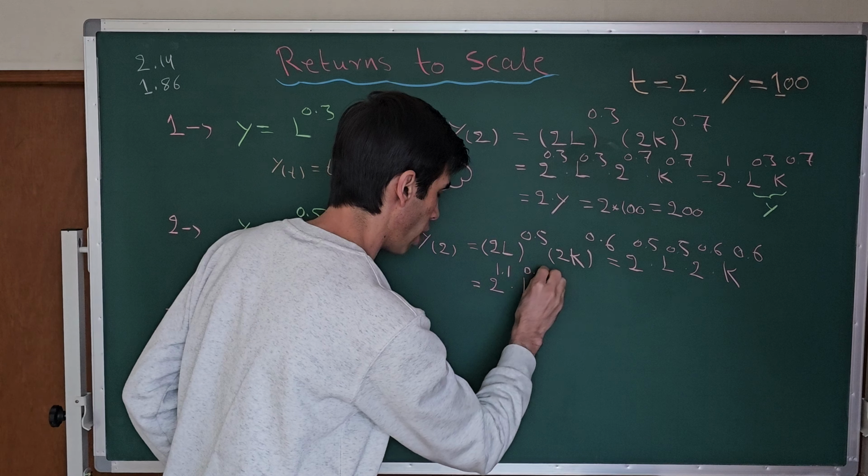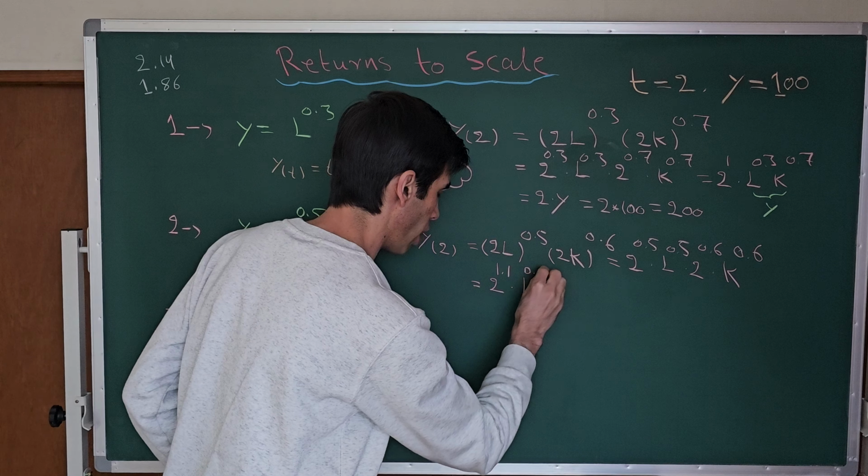Again, L to the power of 0.5 times K to the power of 0.6 is the initial production function, which is equal to y. Then we have 2 to the power of 1.1 multiplied by y.